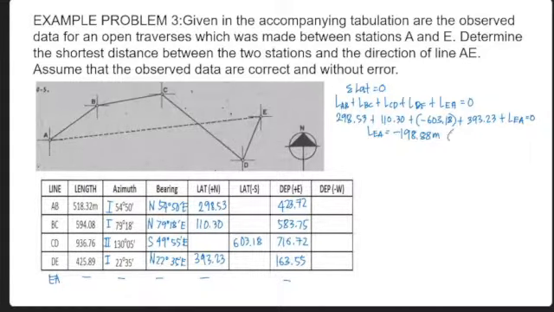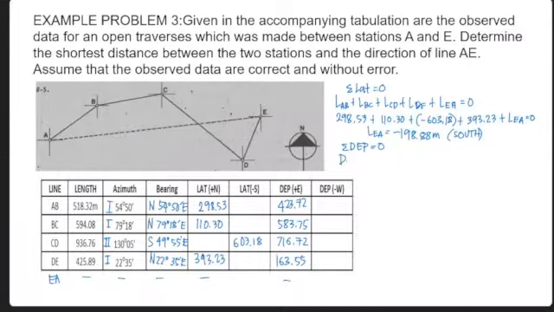So this is south. So E to A, kung makikita nyo naman talagang nasa south siya. And our departure is equal to 0. Summation of departure is equal to 0.